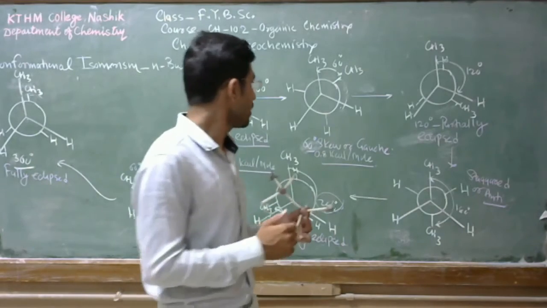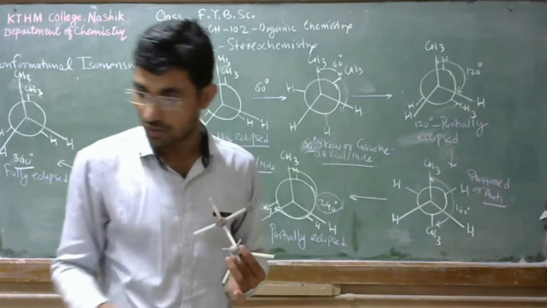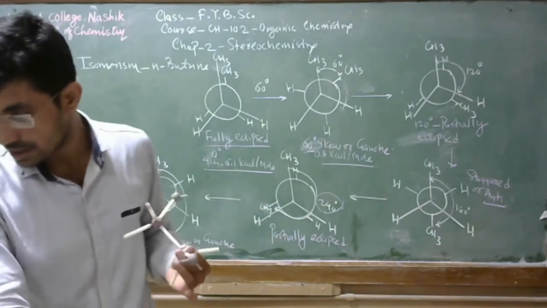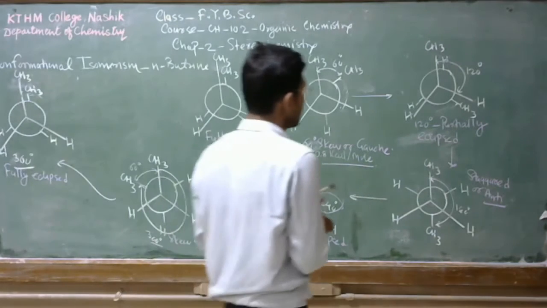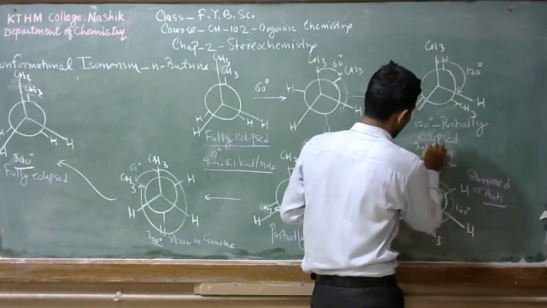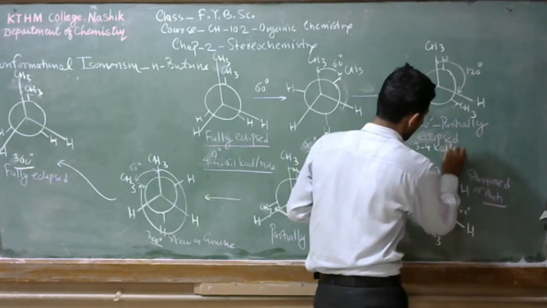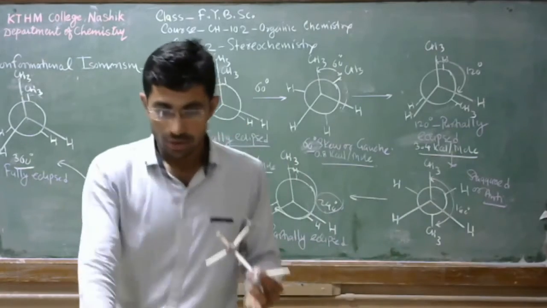Because of these interactions, the energy content of this partial eclipse conformation is given as 3.3 kilocalorie per mole. How much? 3.3, nearly about 3.4 kilocalorie per mole. In this range we can observe the energy. Why?